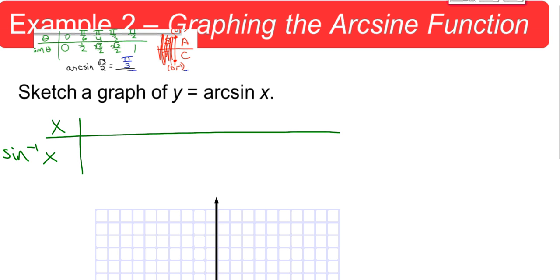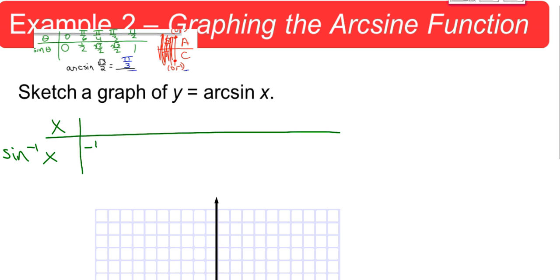I'm going to put the angles in first, the y angles.